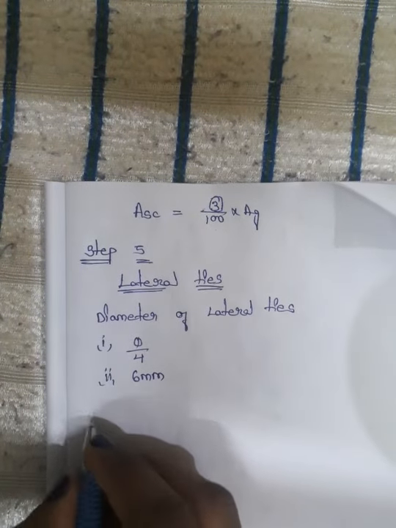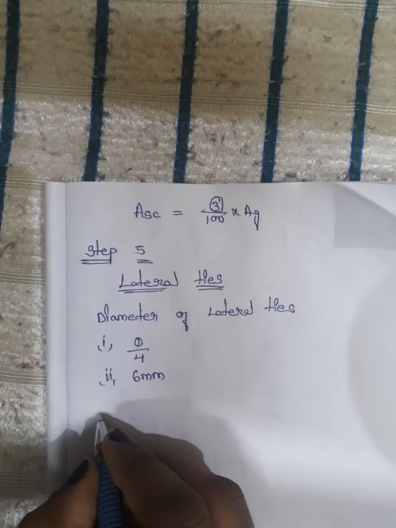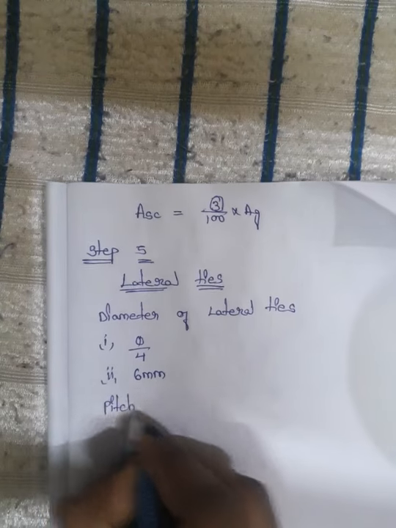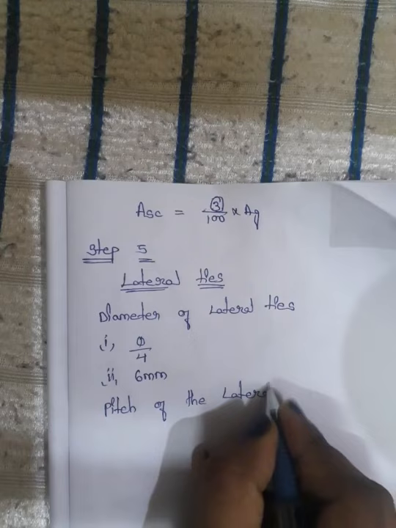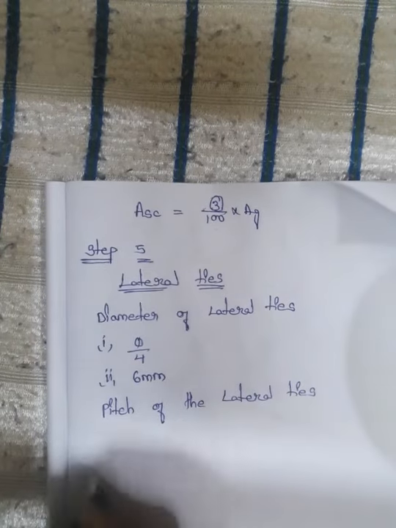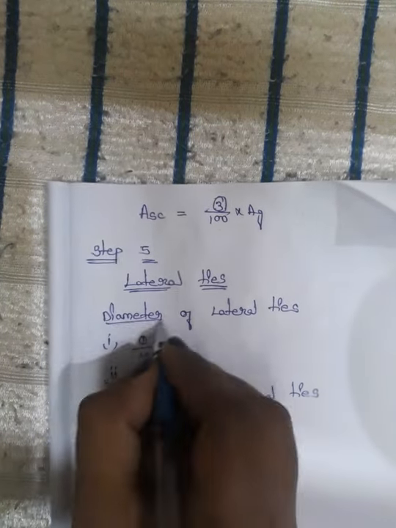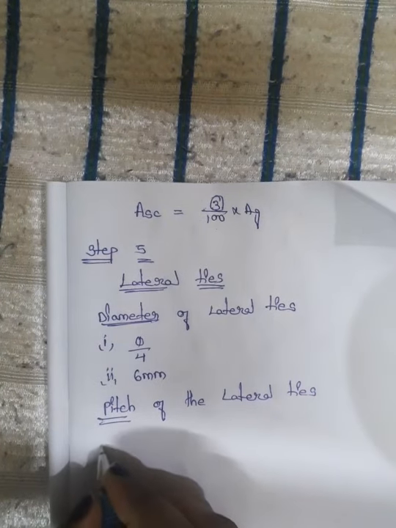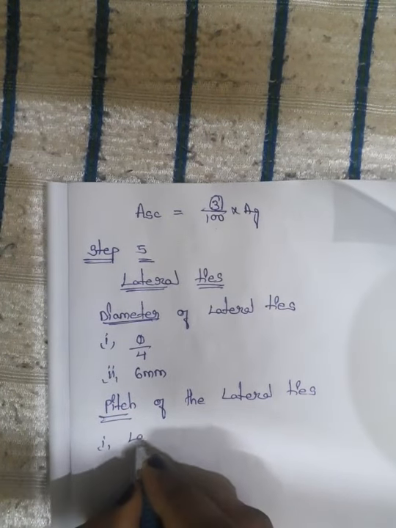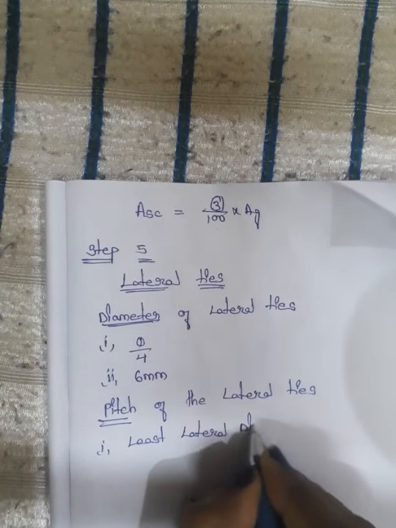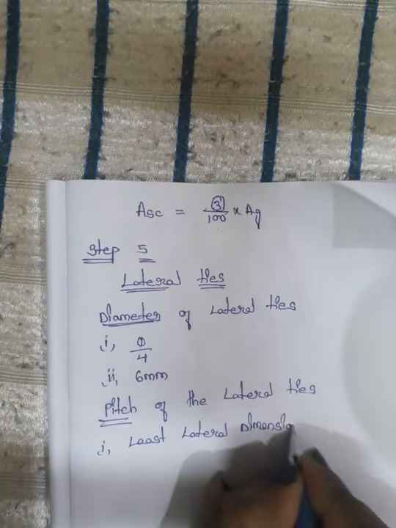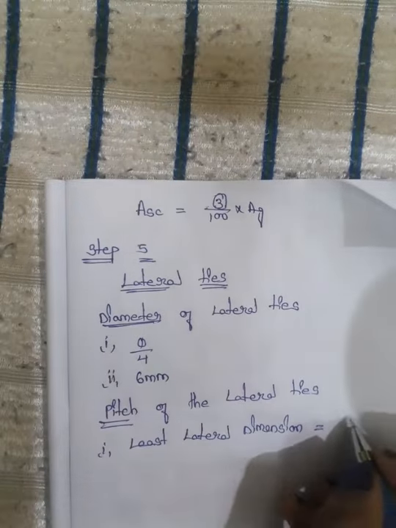After calculating the diameter, what do we need to calculate? How much center to center distance we need to provide for this lateral tie, that is the pitch of the lateral tie. So first is the diameter, and this is the pitch. The first condition is the least lateral dimension, based on the given size of the column.